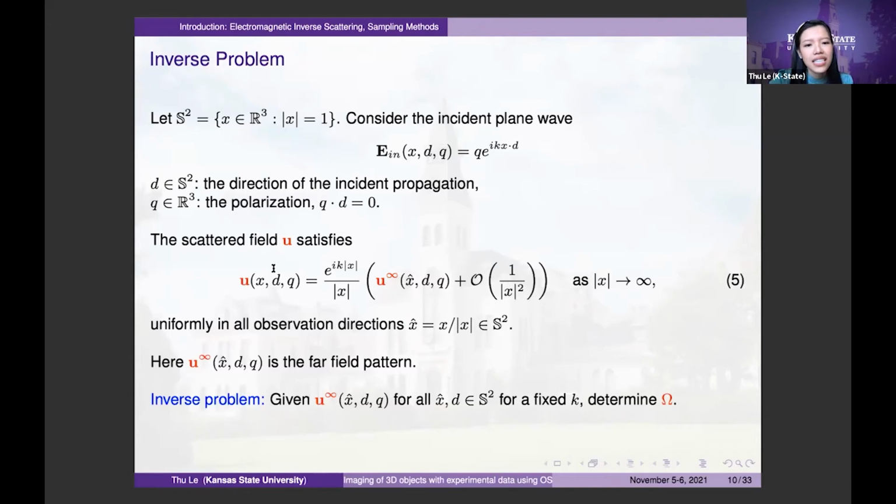This basically tells us that if you measure the scattered field far away, so you let the modulus of x tend to infinity, then you can rewrite it in terms of the far field pattern u infinity, where x hat and d belong to the unit sphere. So we restate the inverse problem: given the data, the far field pattern u infinity, measured for all x hat and d on the unit sphere, with a fixed wave number k, we try to determine the unknown target omega.